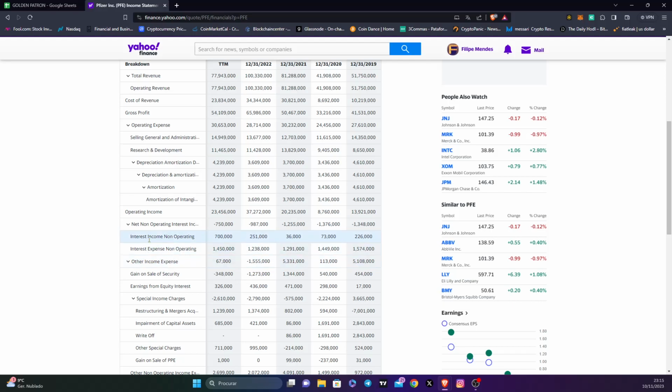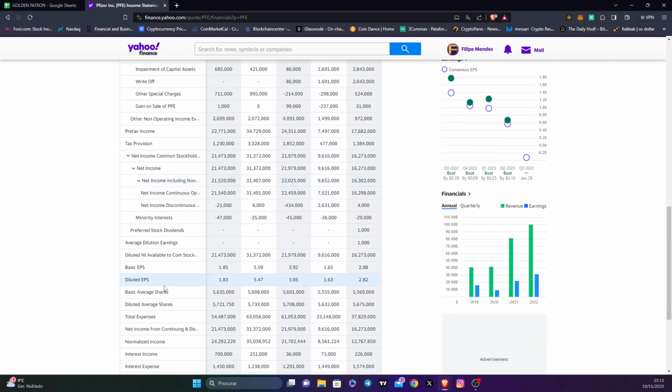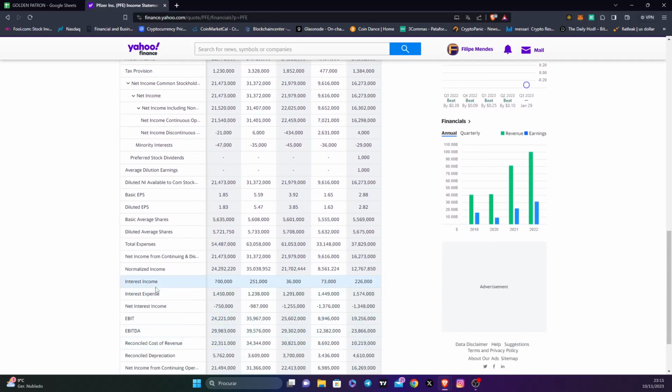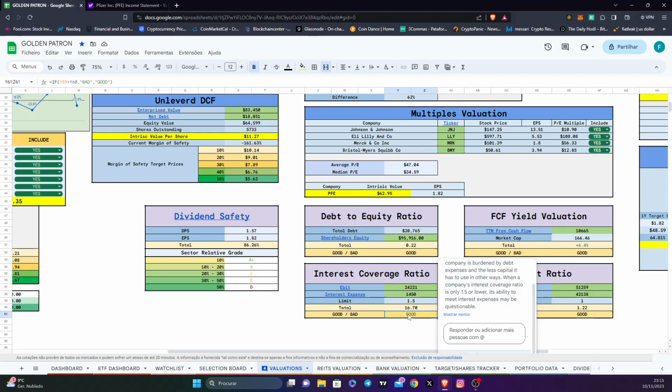Interest expense, not this one. Interest expense right here. 1,450. Okay, so once we plug this in, we come to 16, and as you can see, it comes out good. So that's okay.